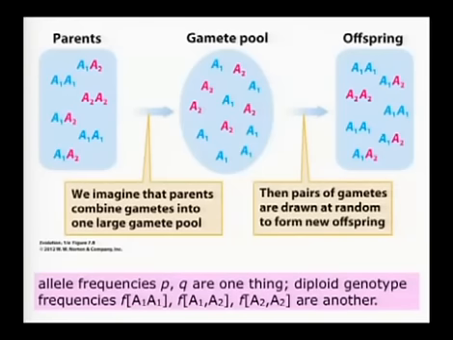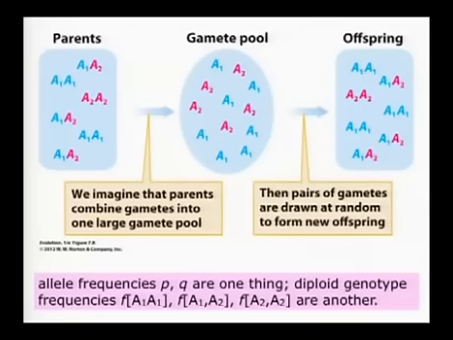So if you started with the diploid genotype frequencies, say 60% of individuals were A1, A1, and then 20% of them were A2, A2, and 20% of them were A1, A2, then you could figure out what P is, right?